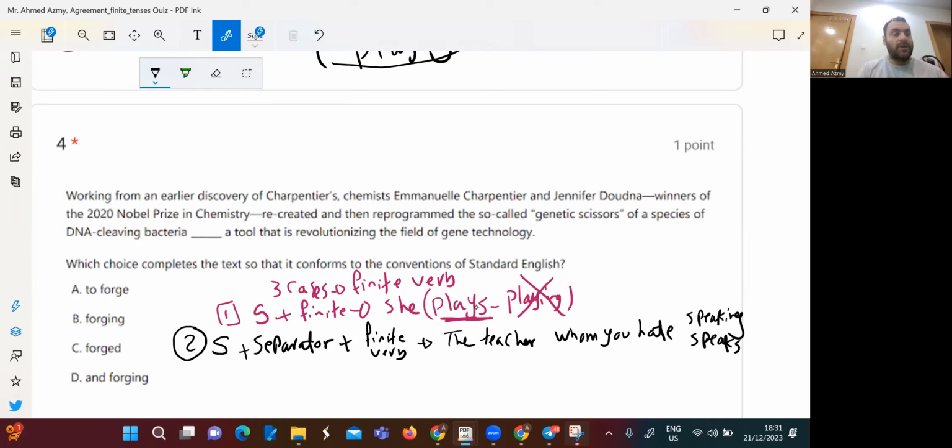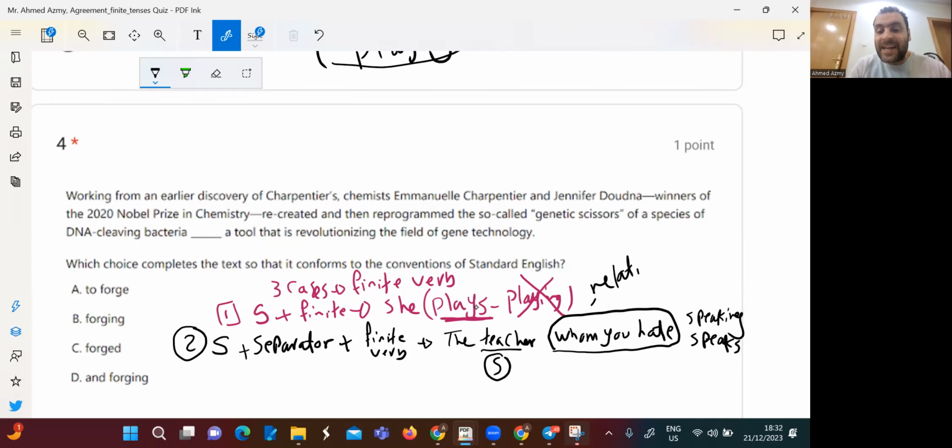Where is the subject here, my friends? Teacher. Where is the verb? Hate, right? You are wrong. This is what? Excellent. Relative clause. And the relative clause has its own subject and own verb.